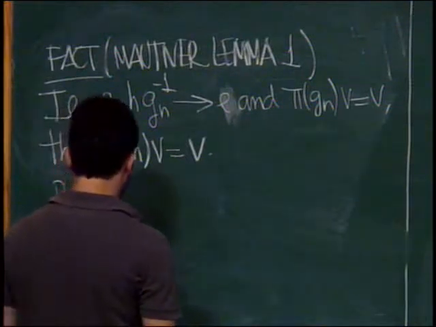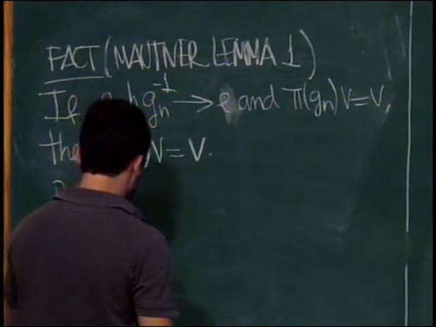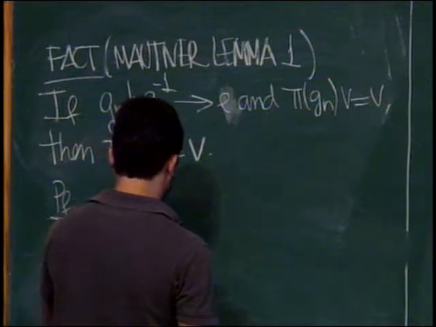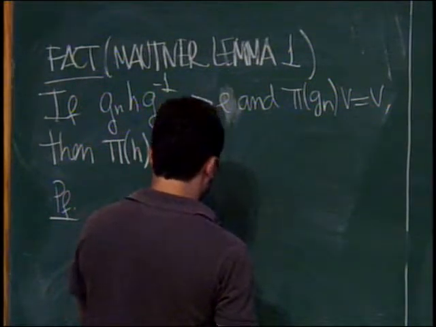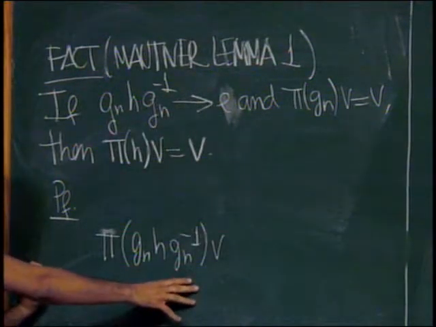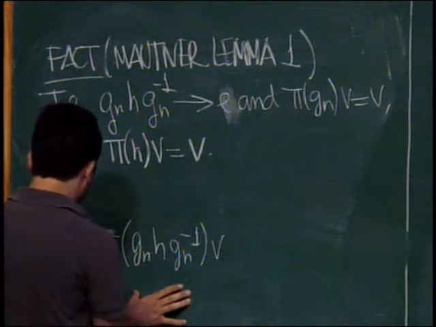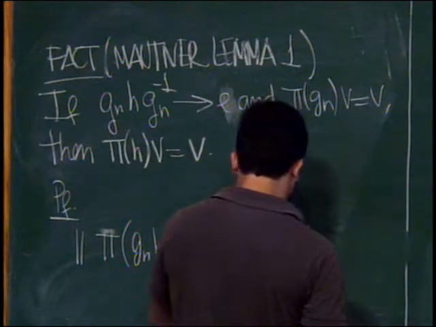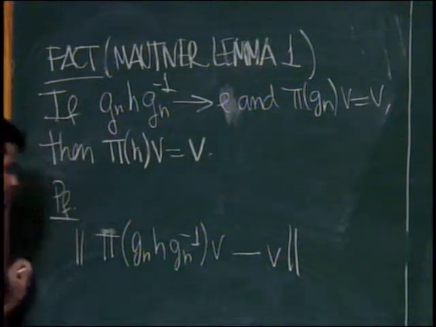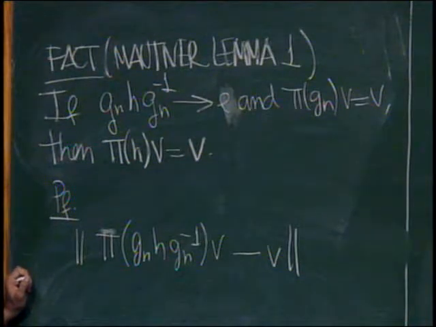So the limit of this expression is going to be equal to V, and the limit of this difference is 0. This is what strong continuity means.